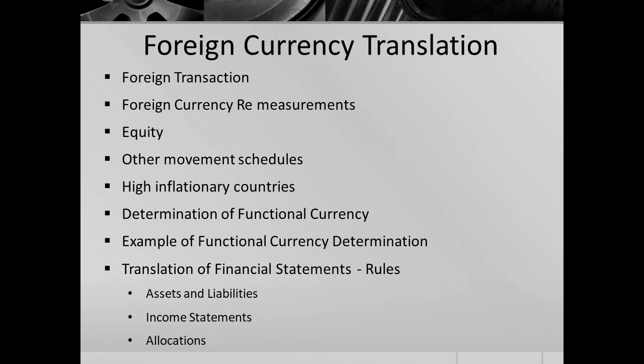Translation reserves. Upon liquidation or sale of the investment in a foreign currency entity, the amount accumulated in the translation reserve component of equity is reclassified to retained earnings or other reserves in the equity section. In addition, it is considered a part of the profit or loss on liquidation or sale of the investment in the foreign currency entity.